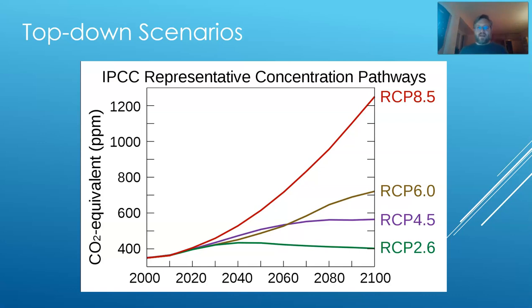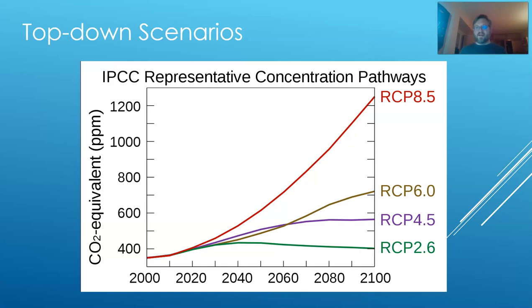The number is the watts per square meter of radiative forcing that we get to by the year 2100 under that scenario. So the RCP 8.5 scenario, we get 8.5 watts per meter squared of radiative forcing in addition to what we've got currently by year 2100.